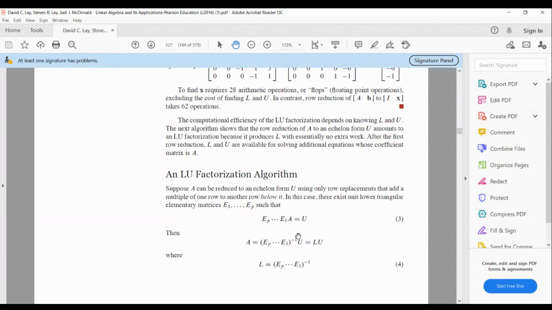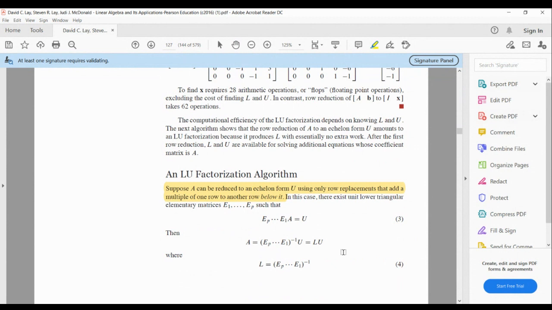It says that if you have the matrix A, we suppose it can be reduced to echelon form, which is a pretty good assumption, right? We're assuming it can be reduced using only row replacements that add a multiple of one row to another row below it. In other words, this is a restricted version of an LU factorization. You're going to learn a more general version in one of the MATLAB assignments.